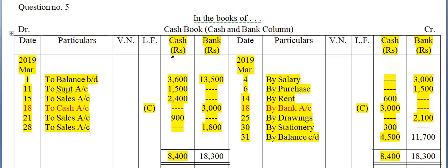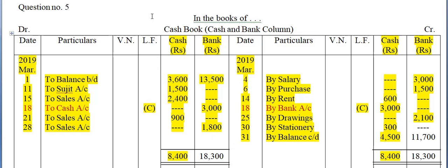Now let's have a look at the bank column. As you can see in this credit side, the total will be 6600 if you add these three items, 3000, 1500 plus 2100. But you can see out here, this opening balance is more than the total of the credit side already. So it means the total of the debit side will be more.